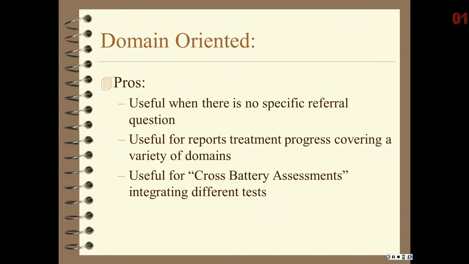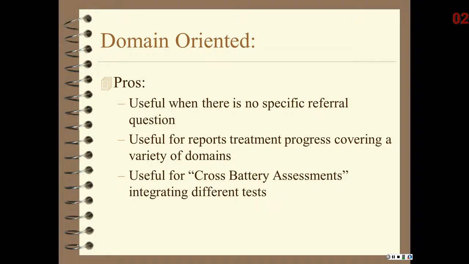Now the advantage of this type of model is that it lets you cover a lot of different types of domains. It's also useful if you're doing a cross-battery assessment.